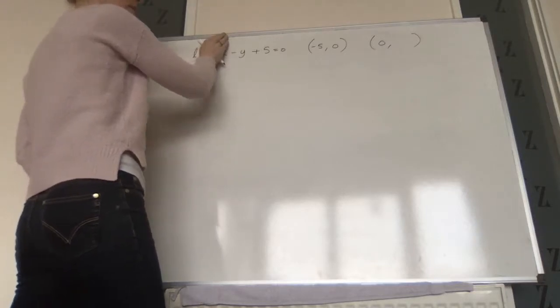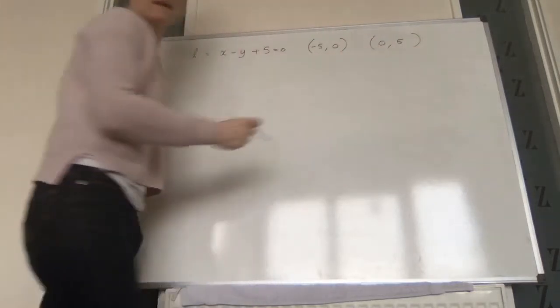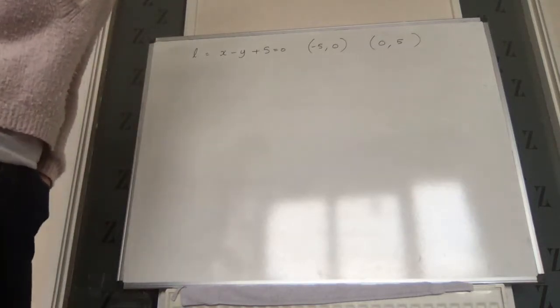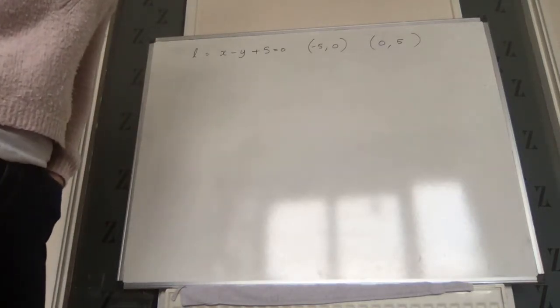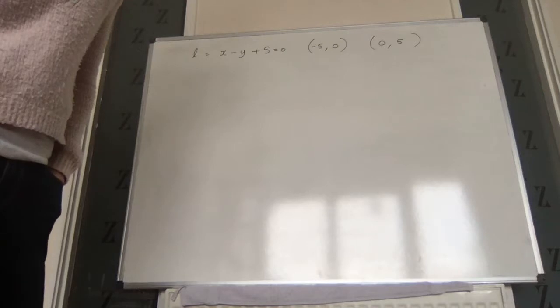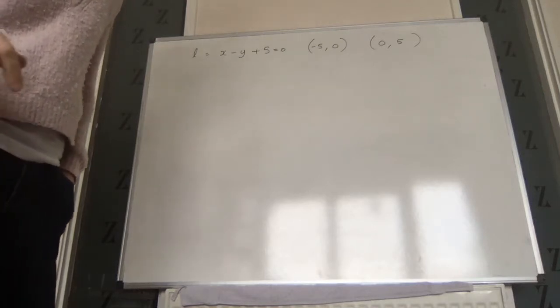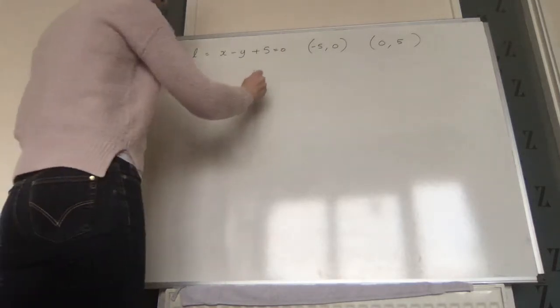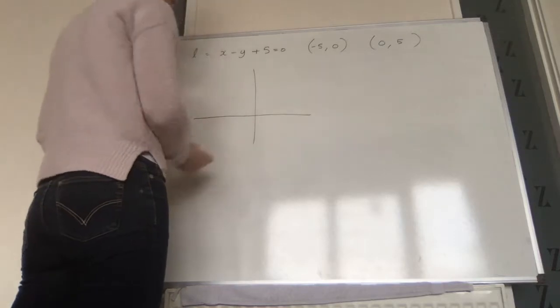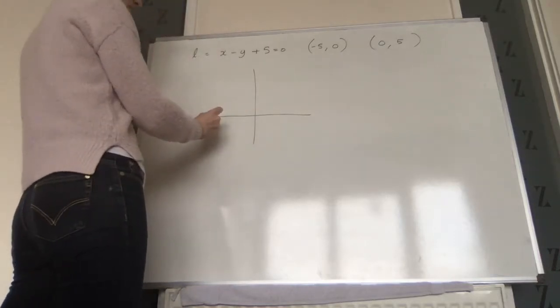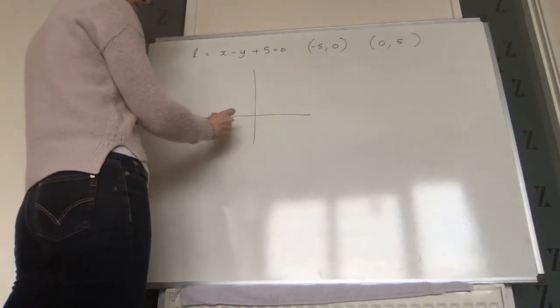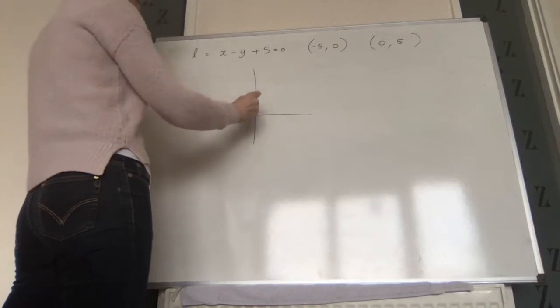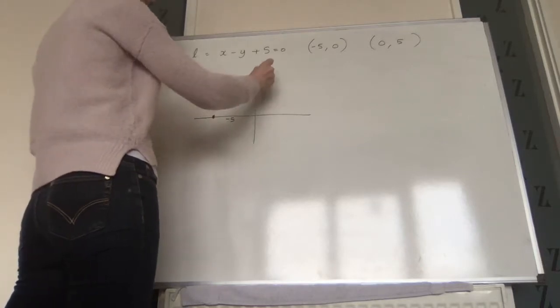y is 5. The next part of the question: hence find the area of the triangle formed by L and the two axes. It cuts at (-5, 0) and (0, 5), so out 5, up 5.